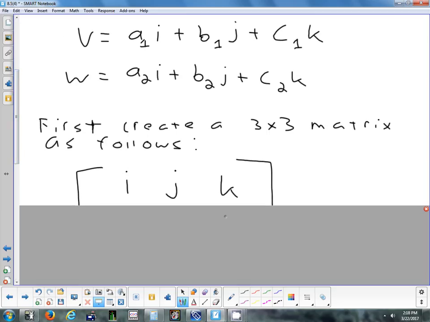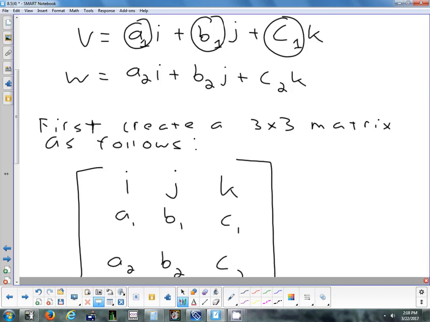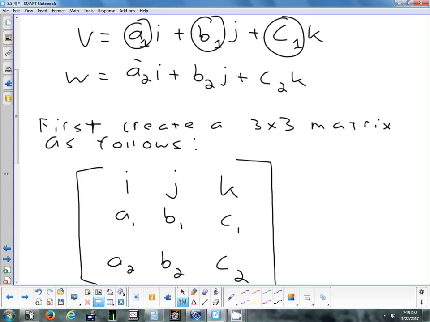In row 2, you're going to write the 3 numbers that were in front of i, j, and k in the first vector, so a1, b1, and c1 will all be numbers. And then in the last row, you're going to put down a2, b2, and c2.